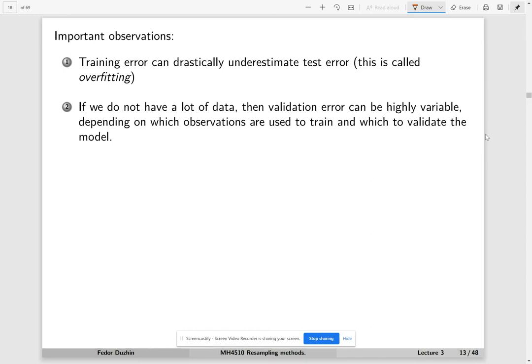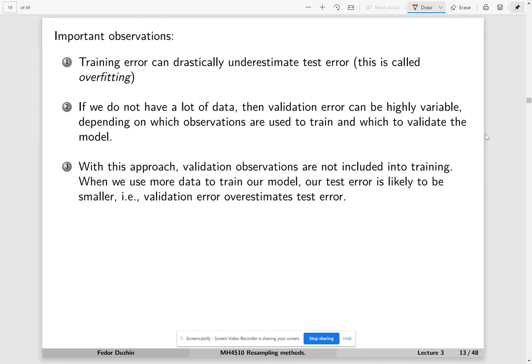One thing that we do not clearly see on these graphs, but it should really be obvious if you think a little bit about it, is the fact that this validation set approach is going to overestimate the true test error. Why is that?